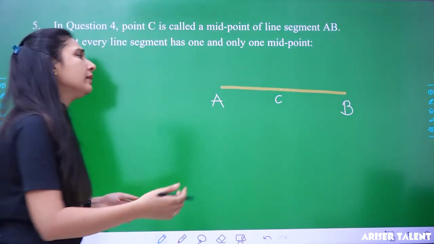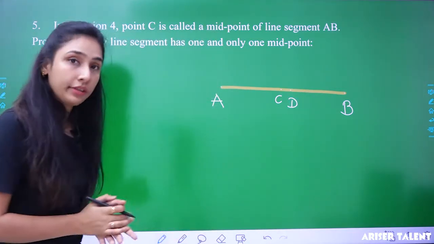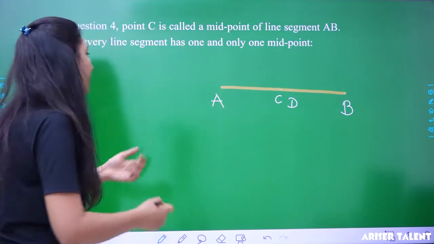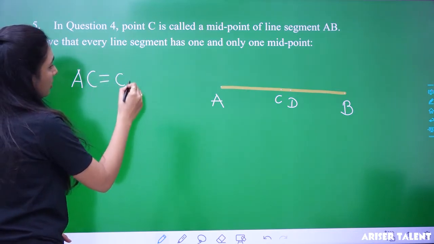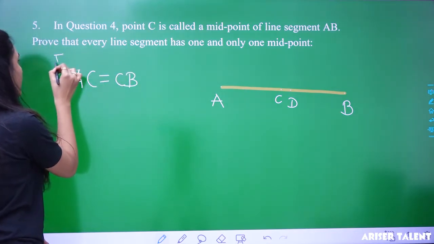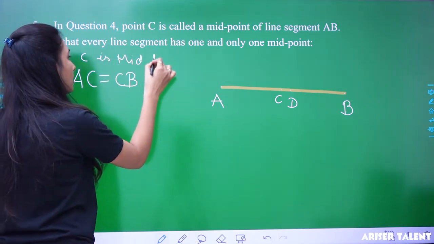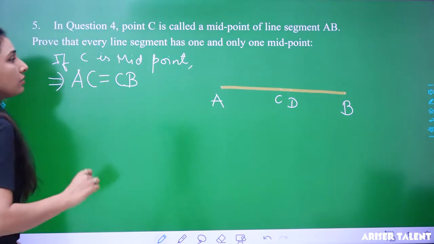If C is the midpoint, that means AC equals CB.